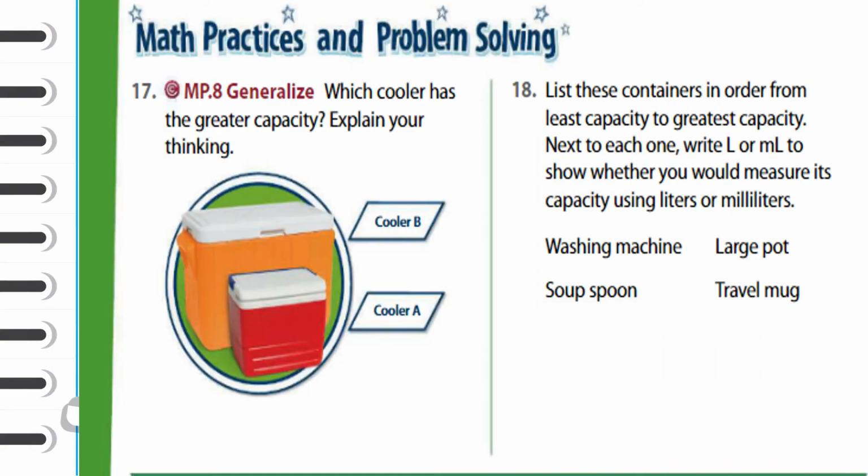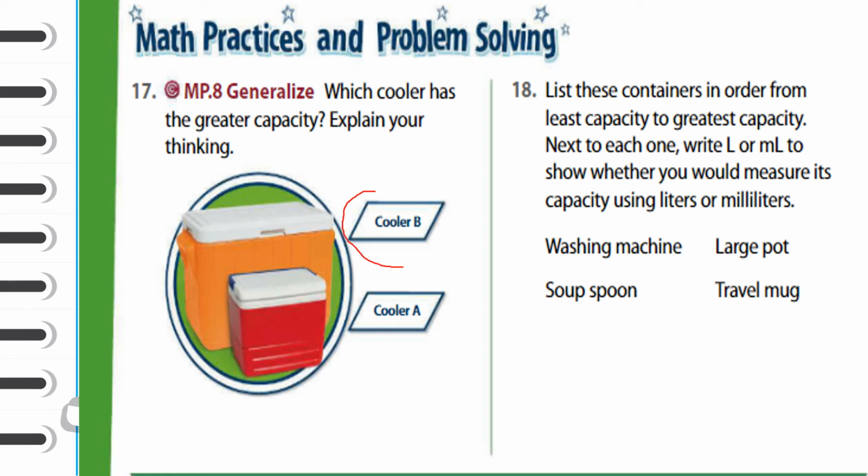Okay, so next page, problem solving. What do we have? Which cooler has the greater capacity? Explain your thinking. So two coolers are given in the picture, cooler A and cooler B. So which one do you think has greater capacity? Excellent.